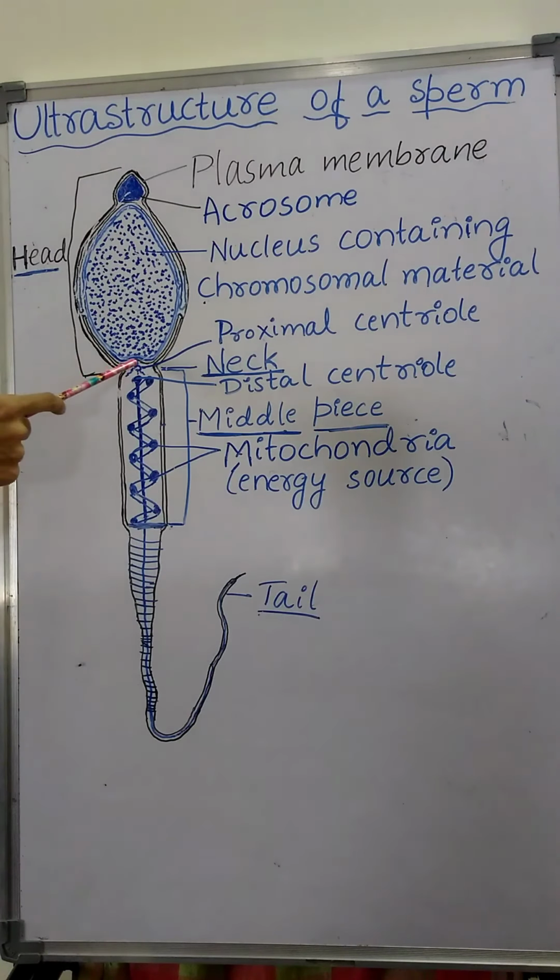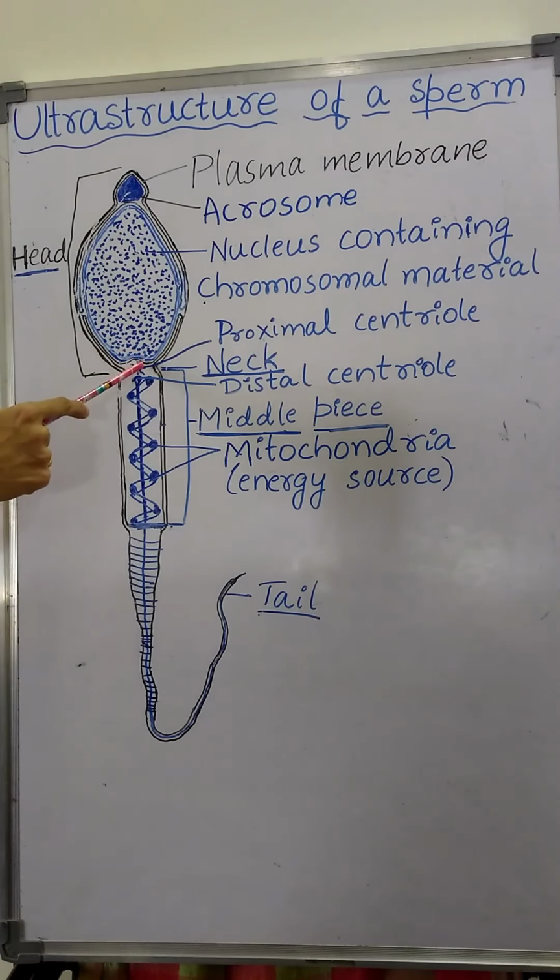The proximal centriole is present just behind the sperm nucleus, in its concavity. Beyond the proximal centriole, the distal centriole is present.